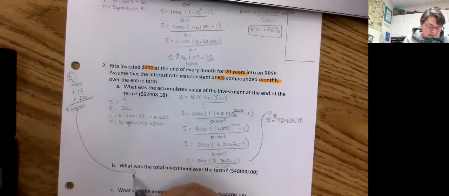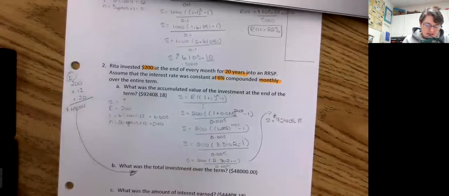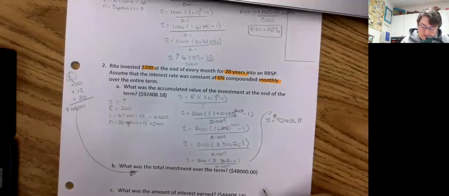Oh, what was the total investment over the term? We already did that. Okay. That's just saying how much money did you deposit and how much was the interest? Well, you would go 92,408.18 and subtract 48,000.